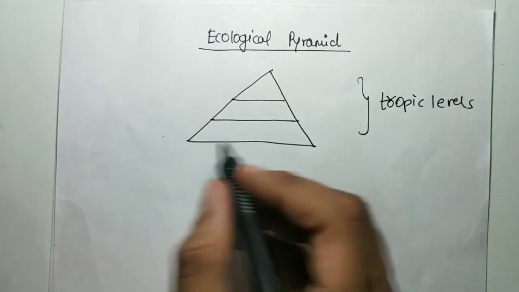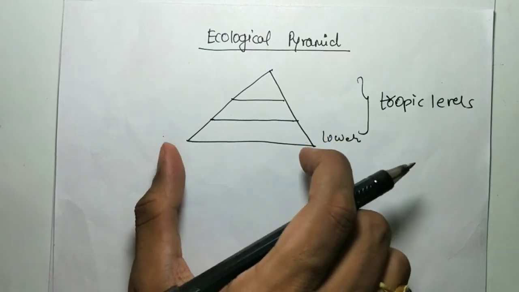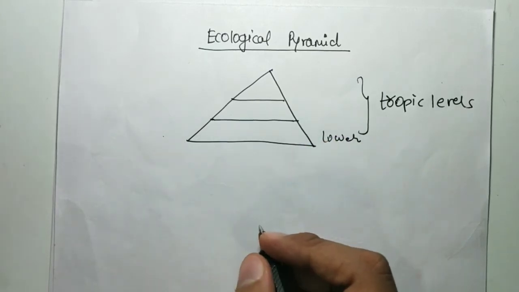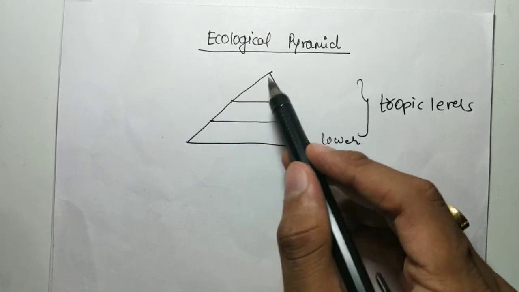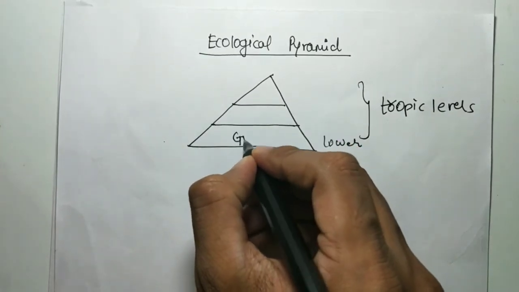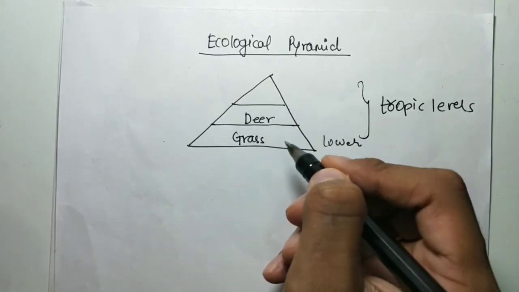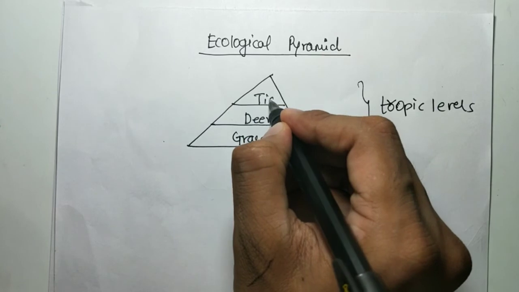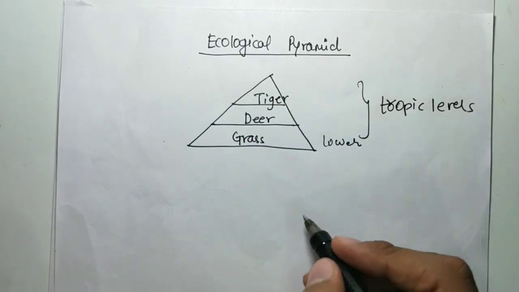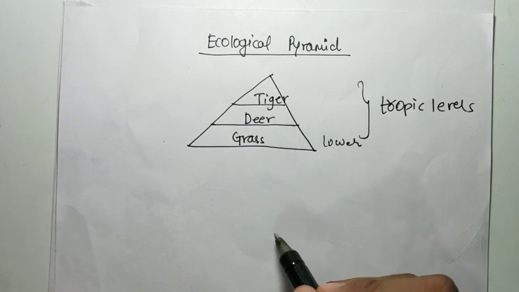Organisms at a lower trophic level are always greater in number, and organisms at a higher trophic level are less in number. For example, grass is eaten by deer, and the tiger preys on deer. Tiger eats deer, he hunts deer.